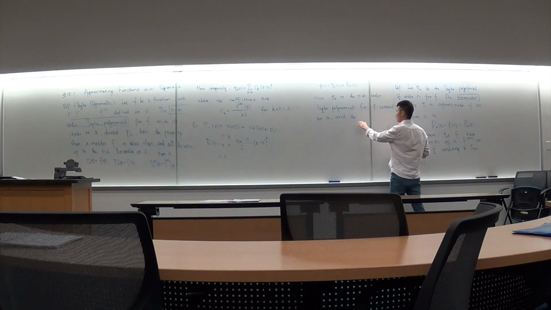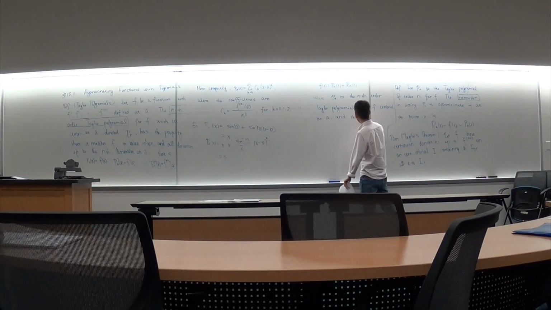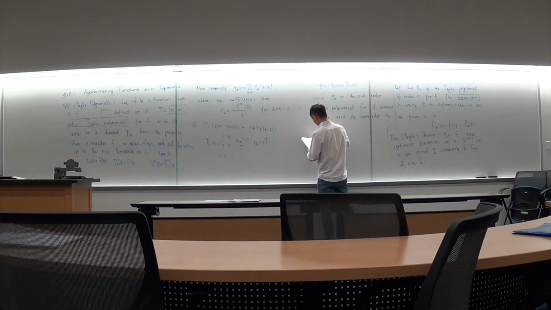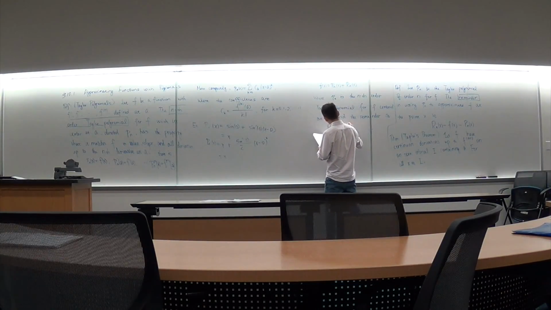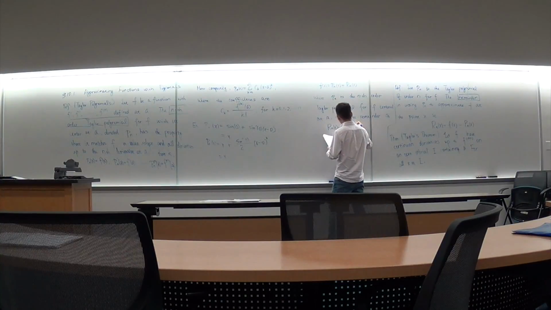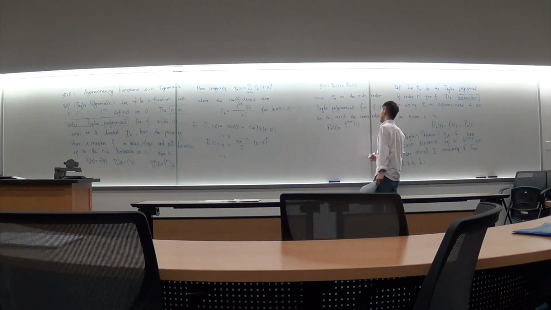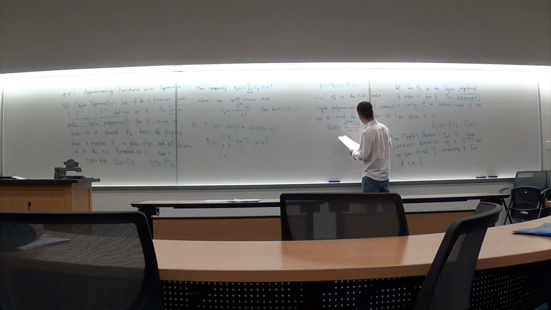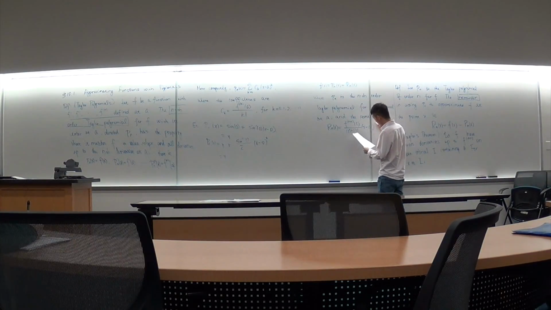The remarkable thing about this theorem is we can find a formula for this remainder. The remainder is the n plus 1 derivative of the original function f evaluated at some point c, over n plus 1 factorial, times x minus a to the n plus 1.